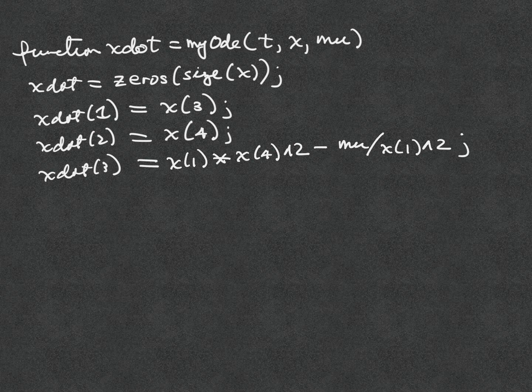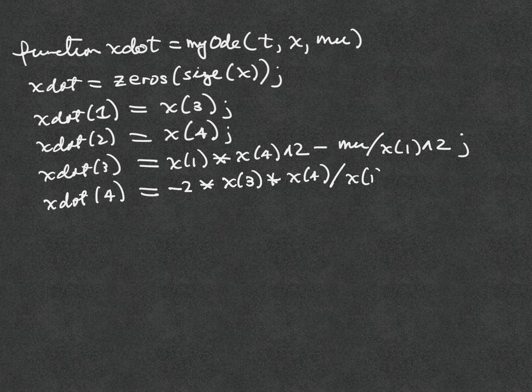Well, the order of operations is correct there, so I don't have to put any parentheses around anything. X dot of 4 is equal to minus 2 star x of 3 star x of 4 divided by x of 1. That's the whole function. That computes the right-hand side for me.